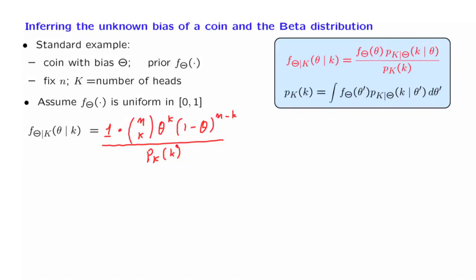Now, I said earlier that we're interested in the dependence on theta, which comes through these terms. On the other hand, the remaining terms do not involve any thetas, and so they can be lumped together in just a constant.